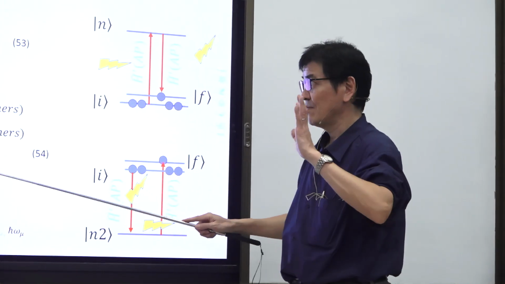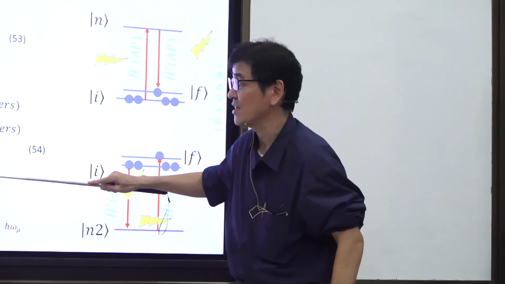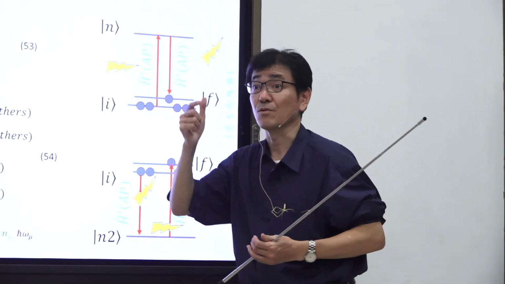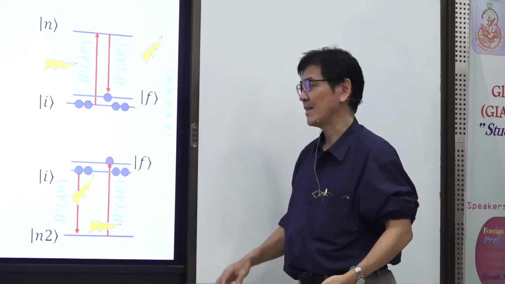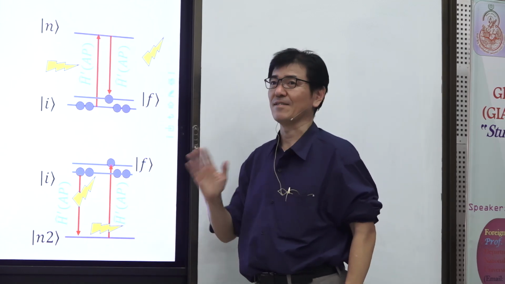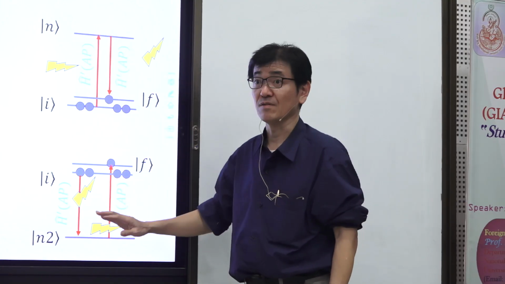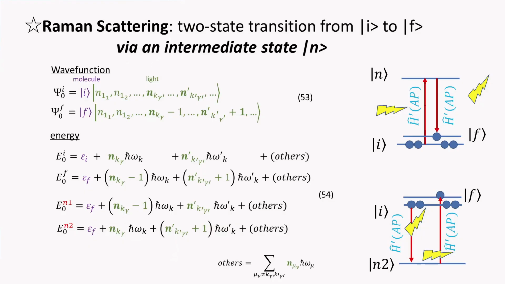But an equally possible pathway is that one photon increases first, one photon decreases next, the opposite order. I don't say you must find such a negative energy state. But according to this formulation, this is another possible pathway, and we cannot remove this possibility.